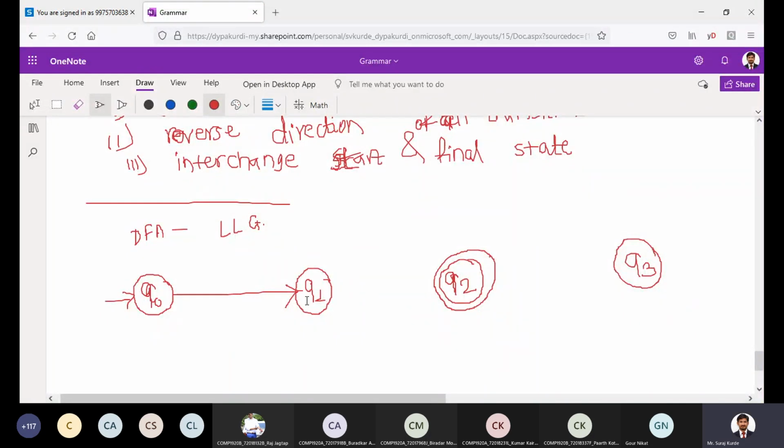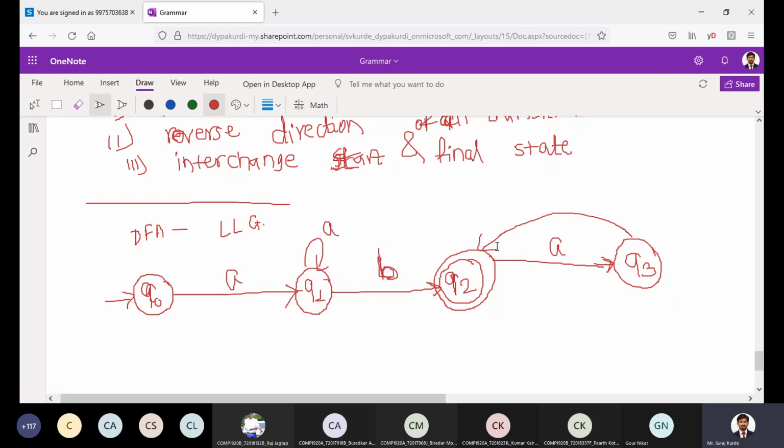Then Q0 to Q1 there is a transition on input A. Q1 to Q2 there is a transition on input A. From Q2 on A it goes to Q3.